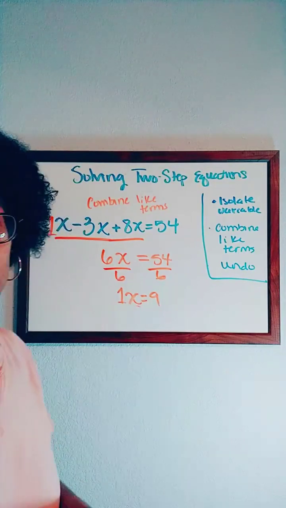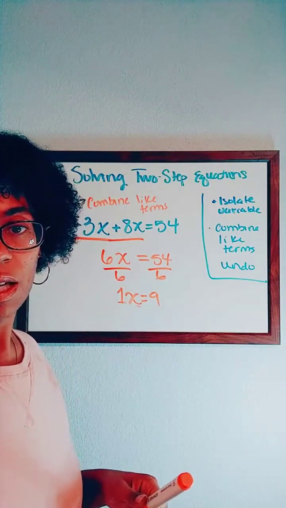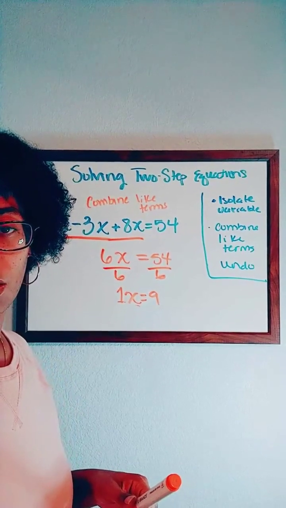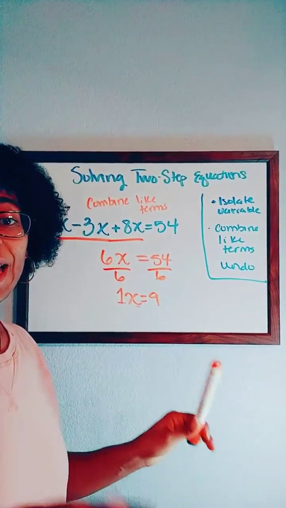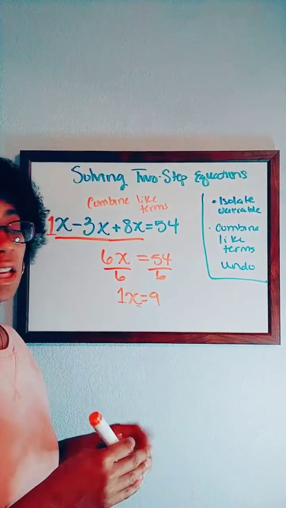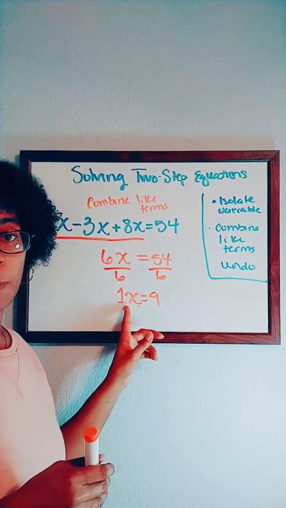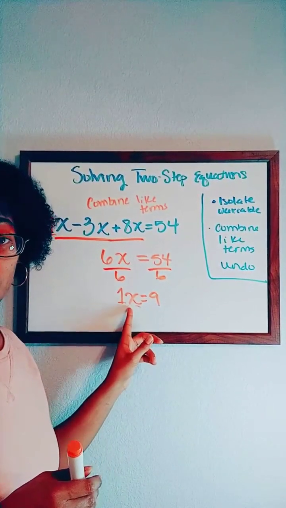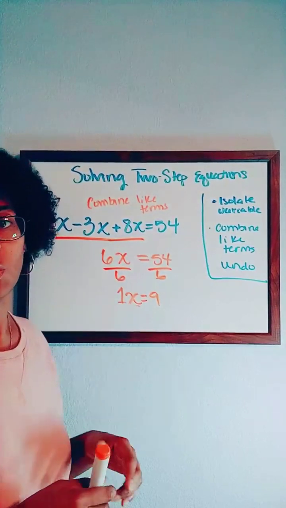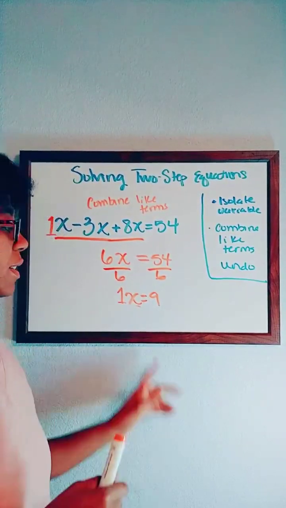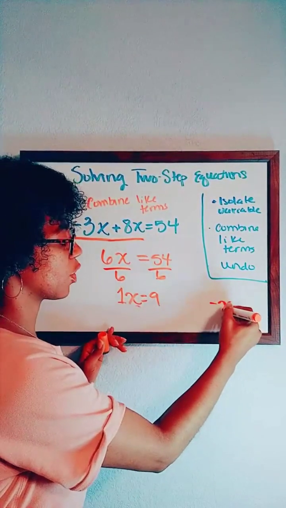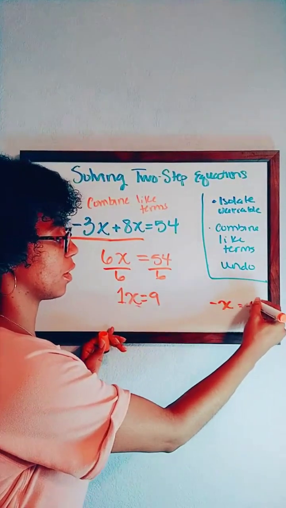-2 and 8 is 6. Yes, sweets. Yes. Thank you, Fancy. I'm so glad. But anytime you have a single x, then that will be a 1 in front of it. And if you need to put the 1 in front of it, go ahead and put the 1 in front of it. Because sometimes you'll have a negative x, which means it's a -1.